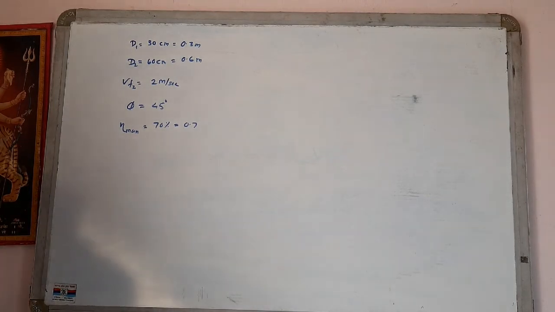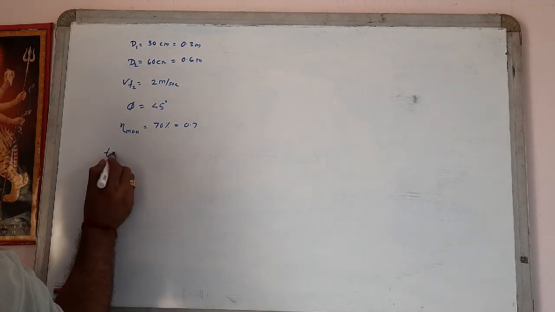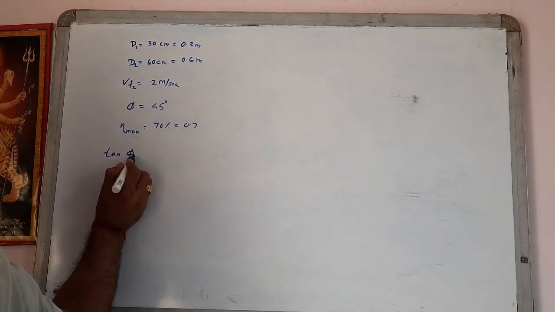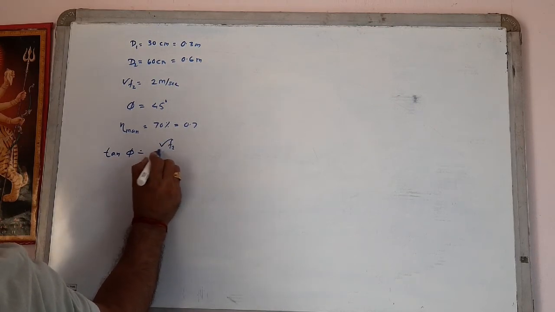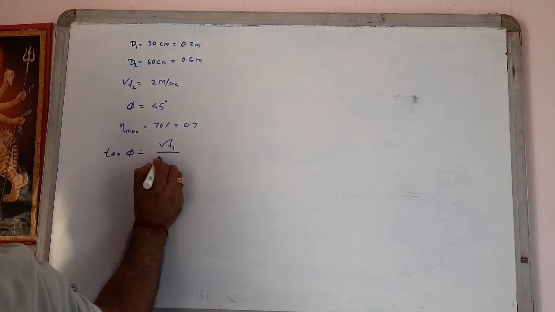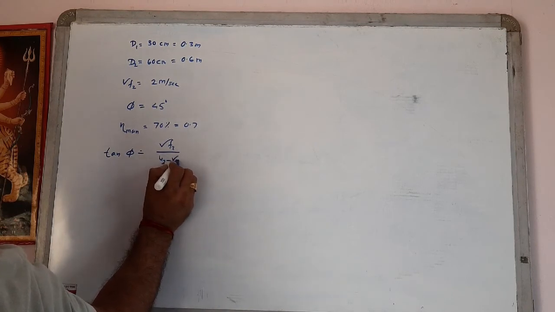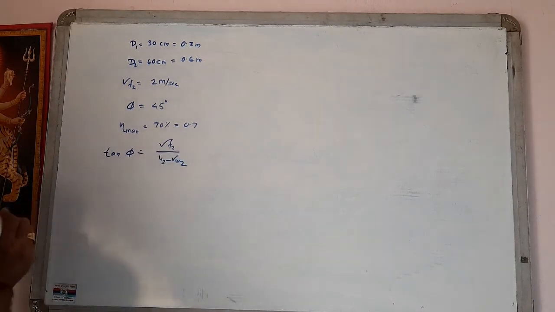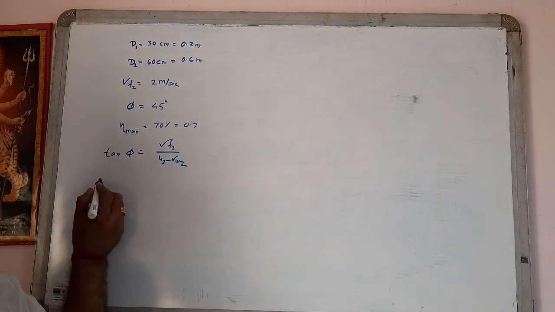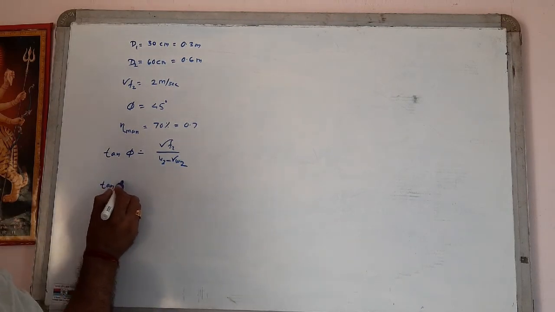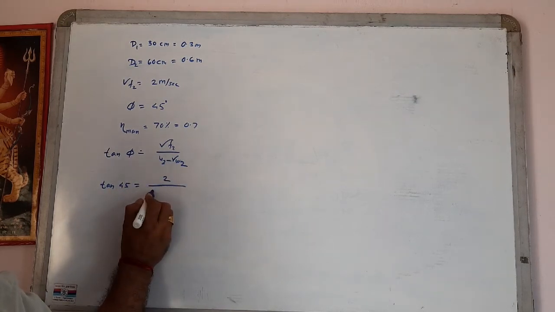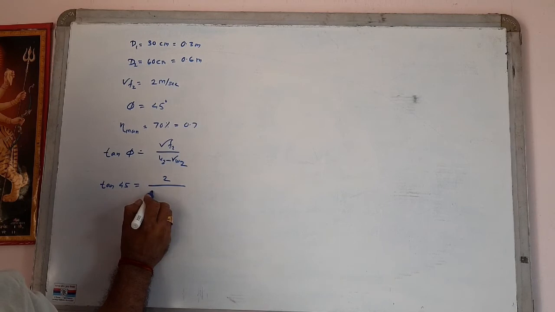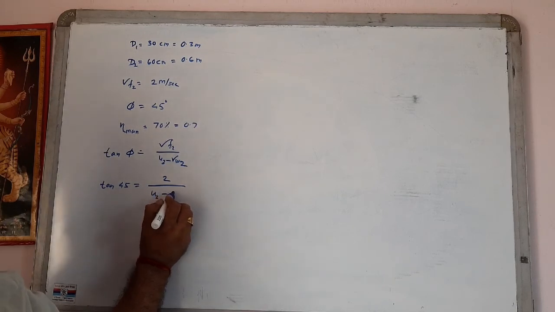So here from the outlet velocity triangle, tan phi equal to Vf2 by U2 minus Vw2. So this is tan 45 equal to 2 by U2 minus Vw2.